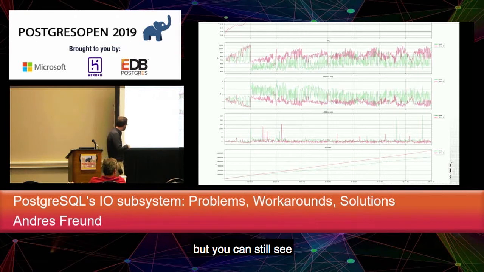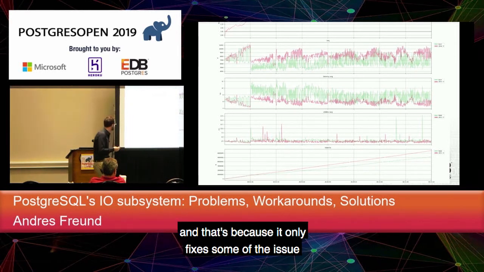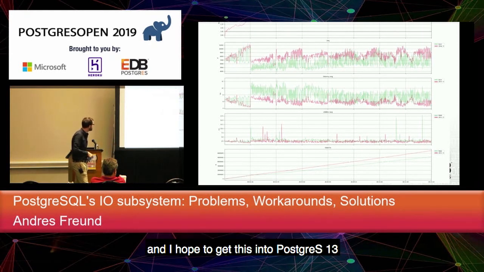But you can still see that there's a lot of variation of how long it takes to perform a full transaction, and that is because it only fixes some of the issues, not all of them.